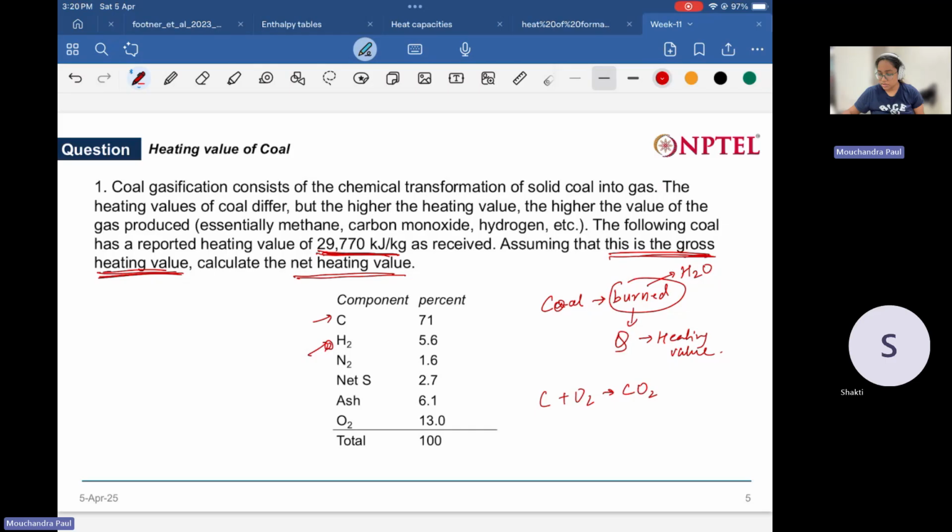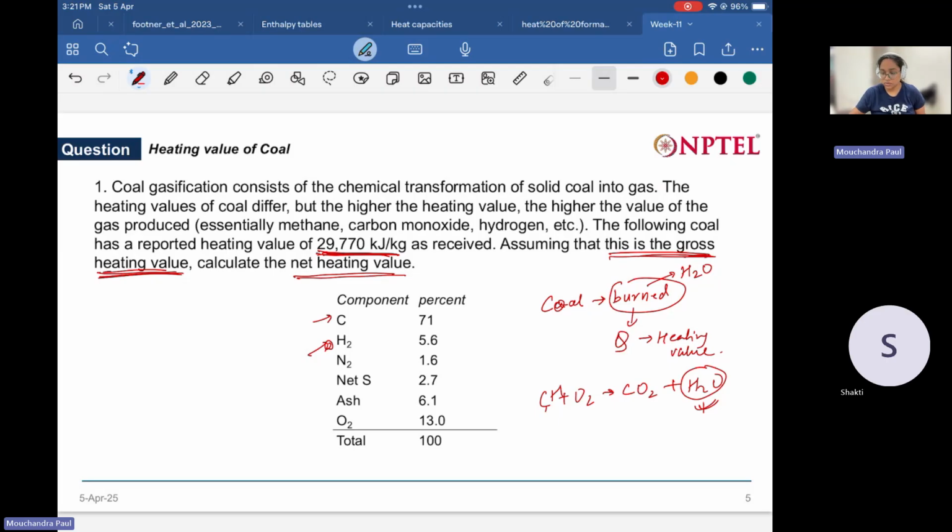So some water will also get produced in this burning process. We first have to calculate the quantity of this water and then the energy required to evaporate it in order to get only heat. That energy used to evaporate the water gets subtracted from the gross value, and then you will get the net heating value.